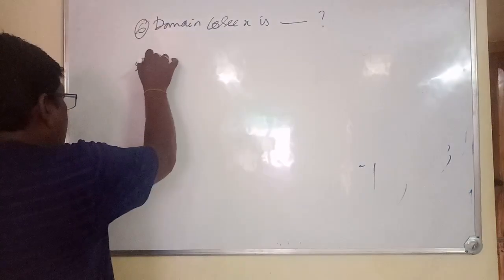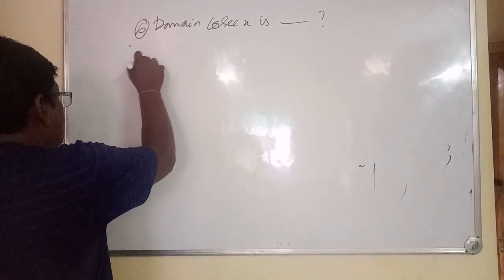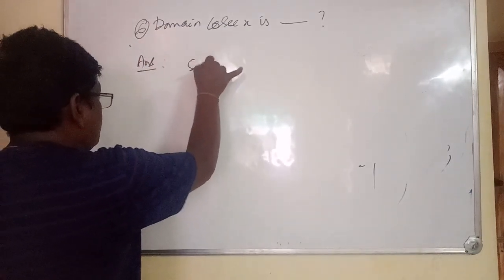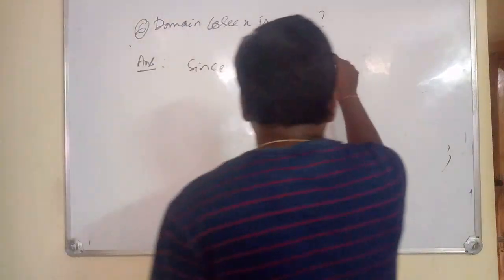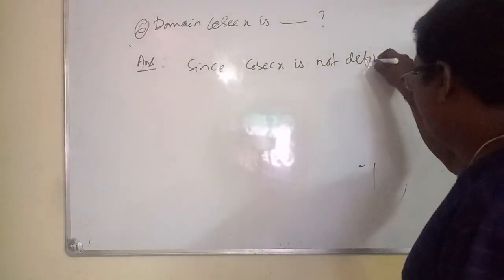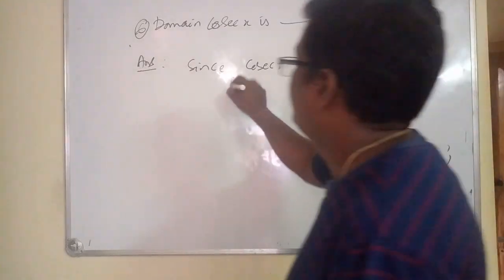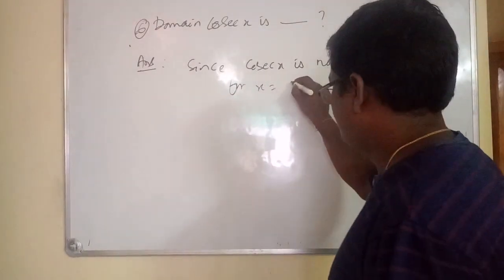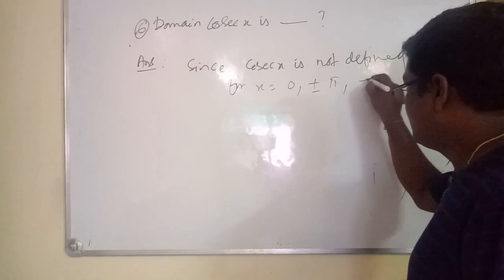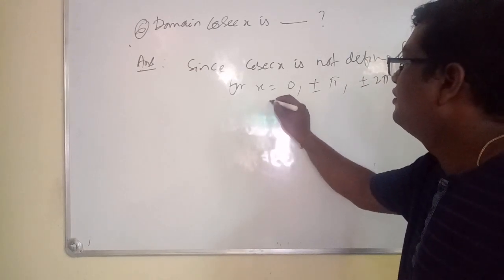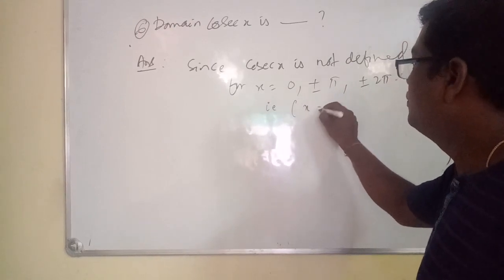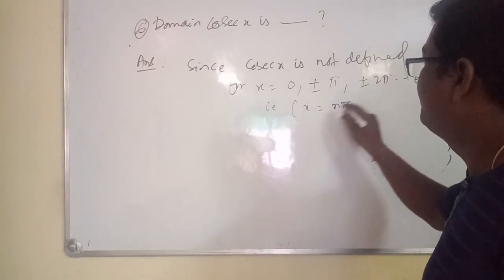Since cosec x is not defined for x equal to 0, plus or minus pi, plus or minus 2 pi, etc. That is, x is equal to n pi.